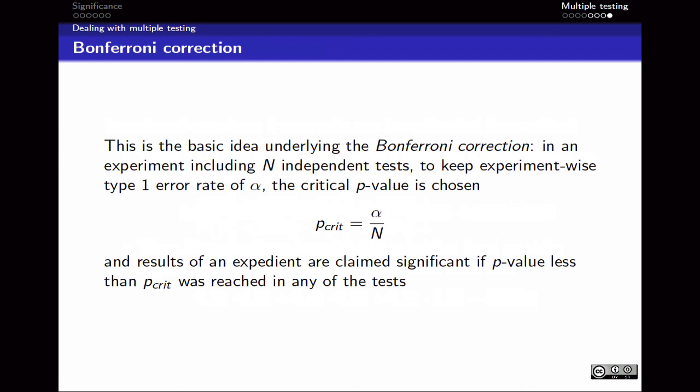Then your type 1 error would stay at the predefined level of alpha, and usually you want this alpha to be 5%. So for an experiment consisting of two tests, your critical p-value should be 5% divided by 2, 2.5%, and if you would be doing 10 tests in your experiment, then your critical p-value to have a type 1 error of 5% should be 5% divided by 10, which is 0.5%.